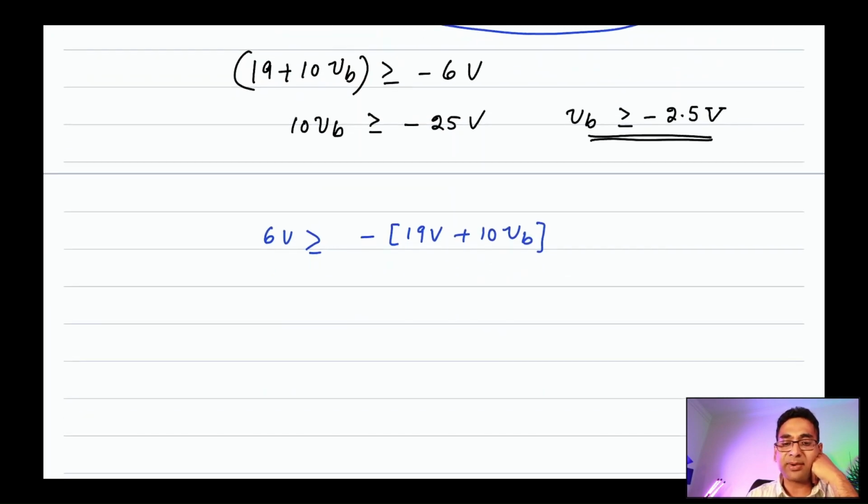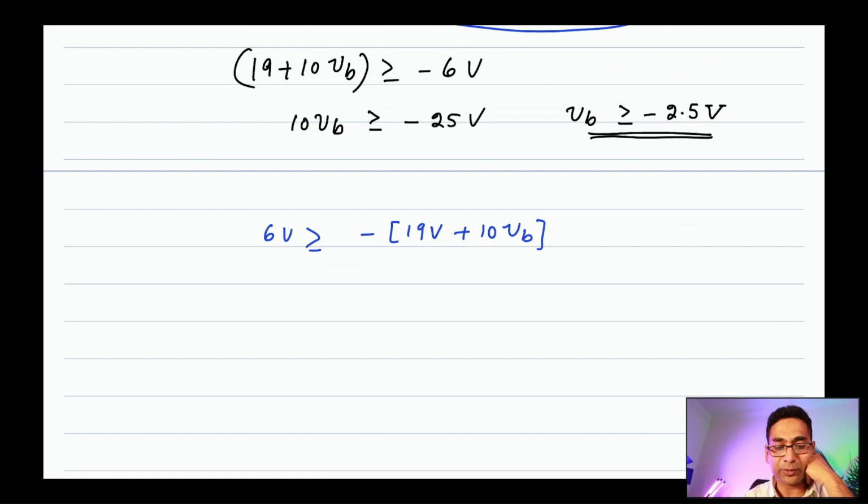Multiply by negative 1 on both sides, so we change the inequality.